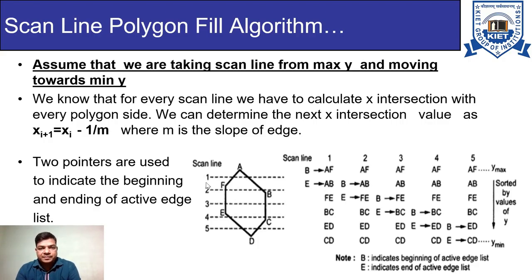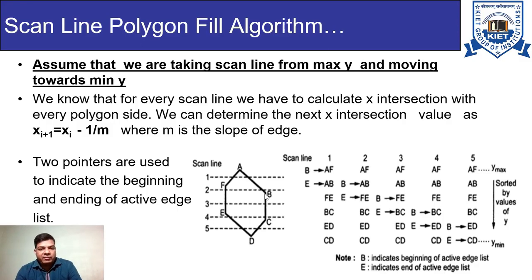For example, for scanline 1, the active edge list is AF and AB, because this scanline is crossing the polygon edges AF and AB. For scanline 2, the active edge list is AB and FE, because this scanline is crossing FE as well as AB.